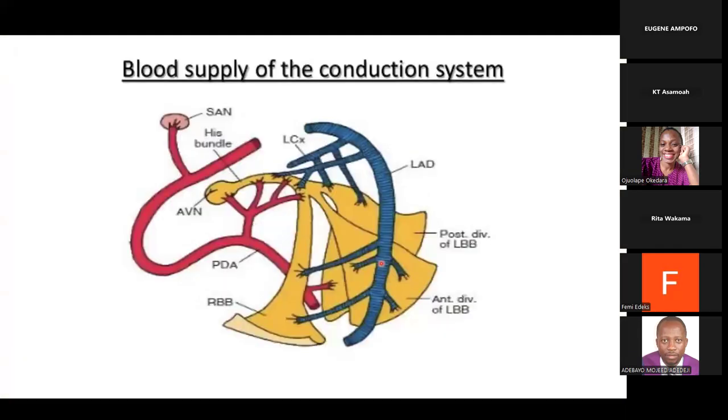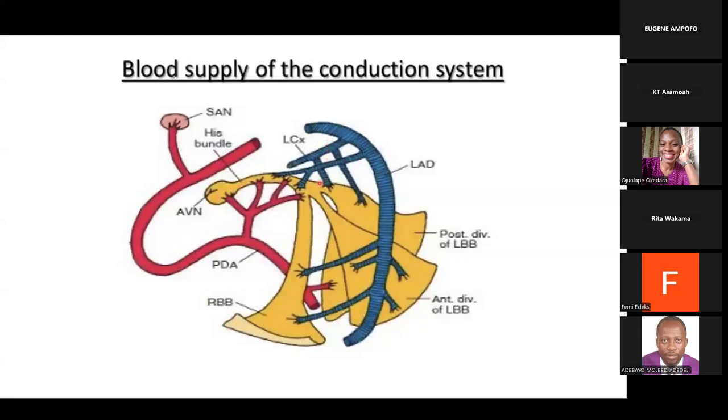This just shows the blood supply of the conduction system. The SA node is perfused by the SA nodal branch of the right coronary artery. And the posterior descending artery, which in about 70% of people arises from the right coronary artery, also perfuses the AV node and the His system.